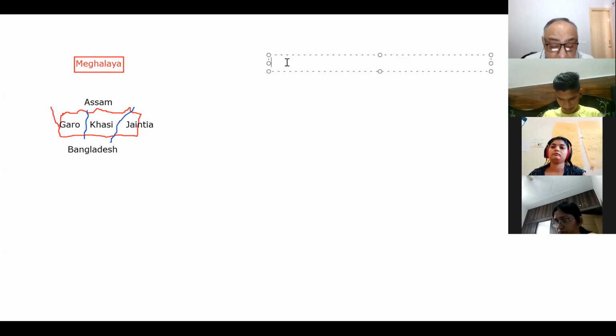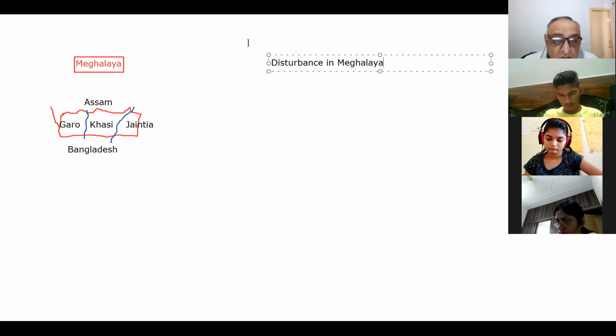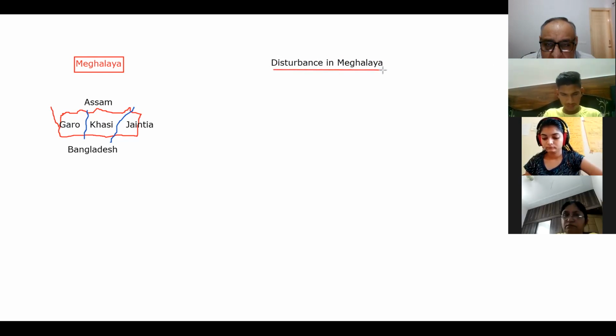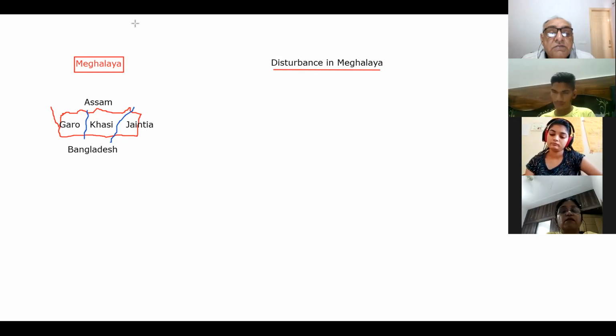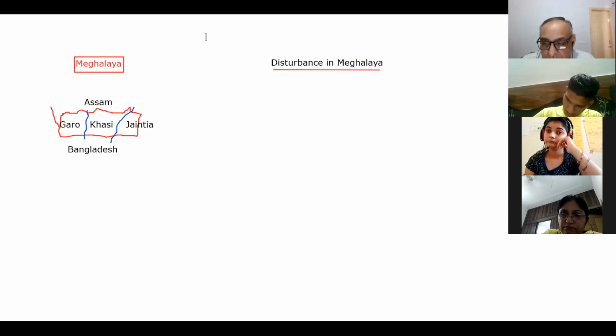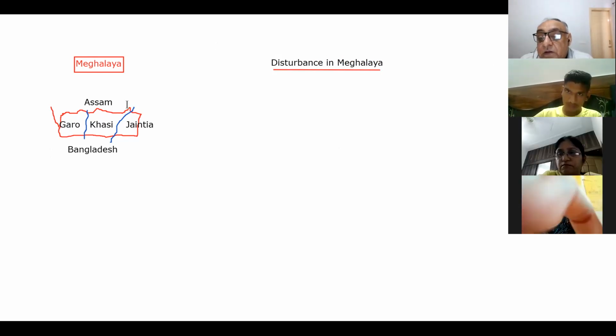But even then, if we talk about disturbance in Meghalaya, the main reason behind the disturbance in Meghalaya is that Meghalaya is used as a corridor by the immigrants from Bangladesh to India.